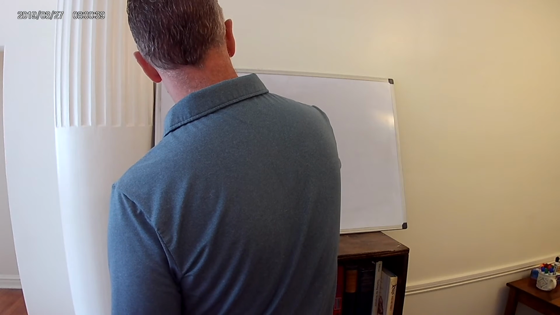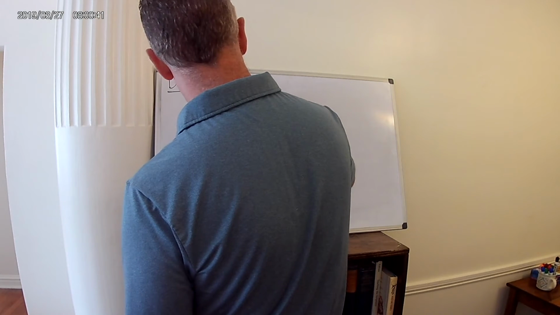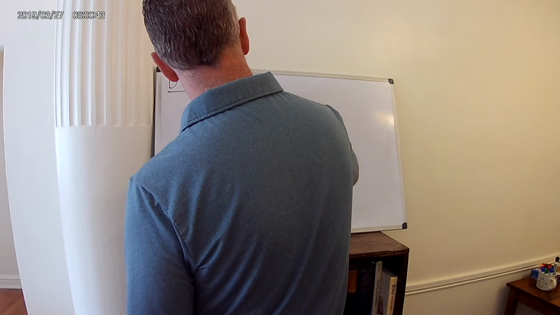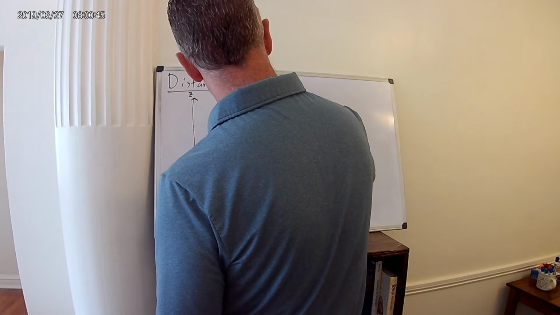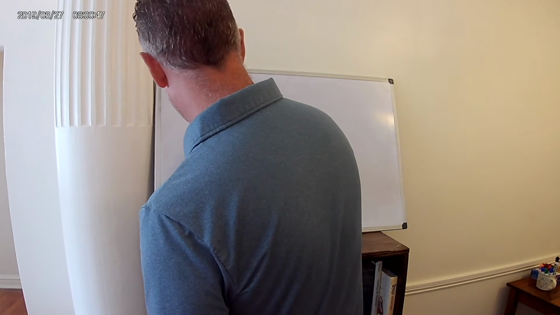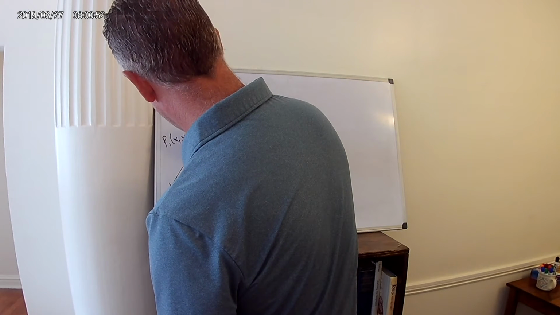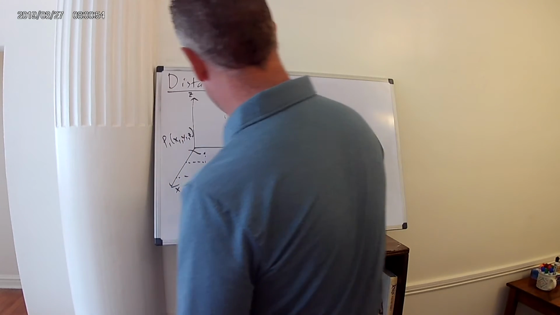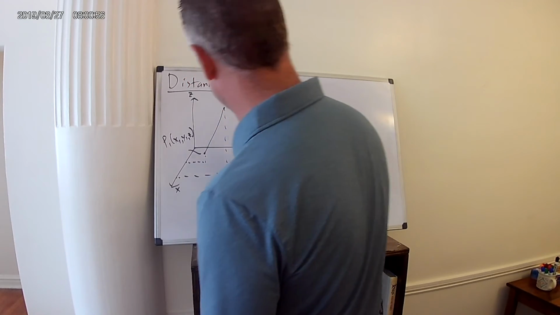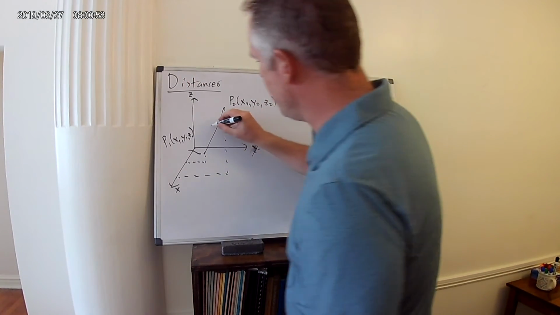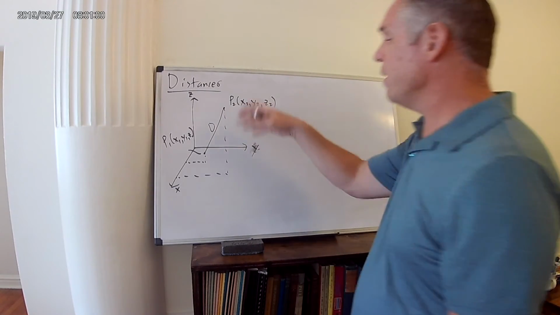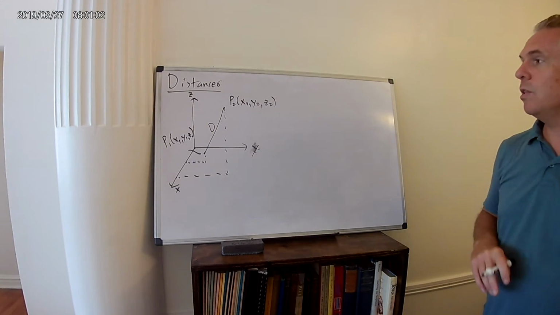Let's call this point P2, which has the coordinates x2, y2, z2. Let's call this point P1, which has the coordinates x1, y1, z1. And then we'll connect these 2 points with a line. We want to know the length of this line. So we want to know the distance between these 2 points.